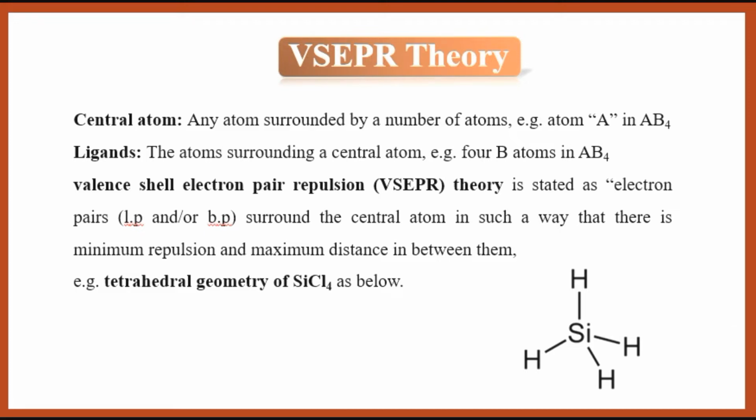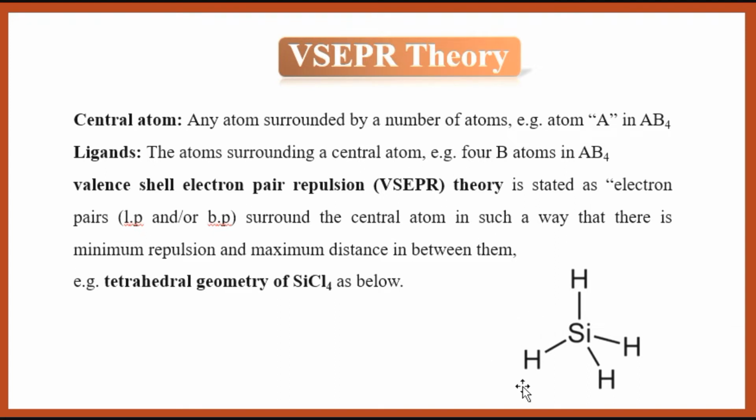For example, generally in the system of AB4, the atom A would indicate a central atom, because here the central atom A has been surrounded by 4 B atoms, and specifically in the example of silicon tetrahydride, one silicon atom has been surrounded by 4 hydrogen atoms.